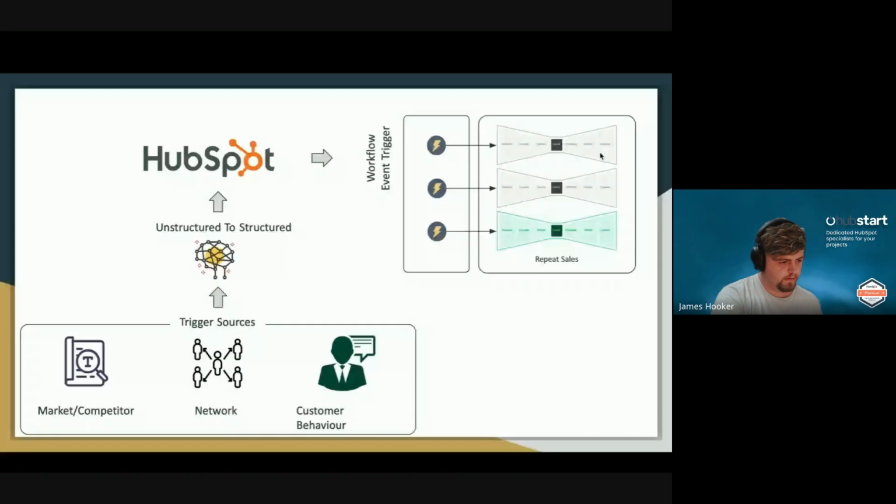There we go. So to summarize, this is how this will work within the overall flow. We could have three different sources of data. Data about me as an individual and what kind of behaviors I'm exerting that relate to the product that's being sold.